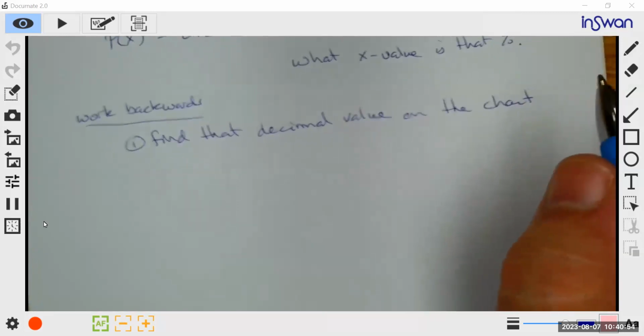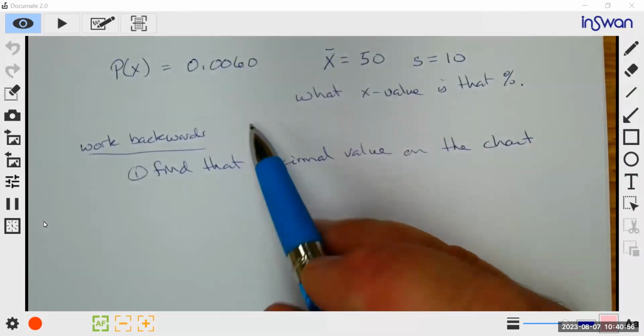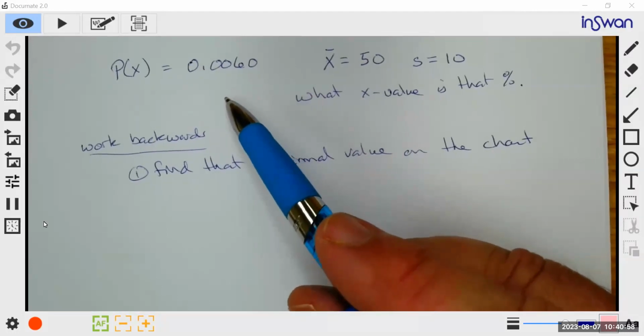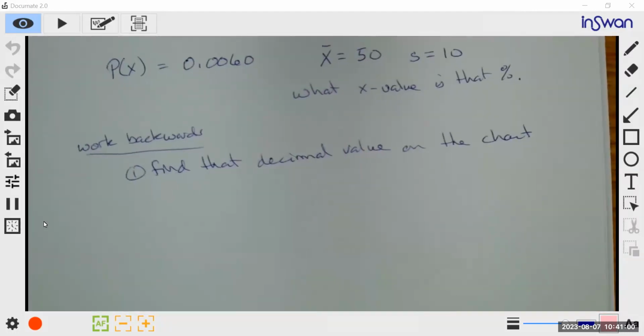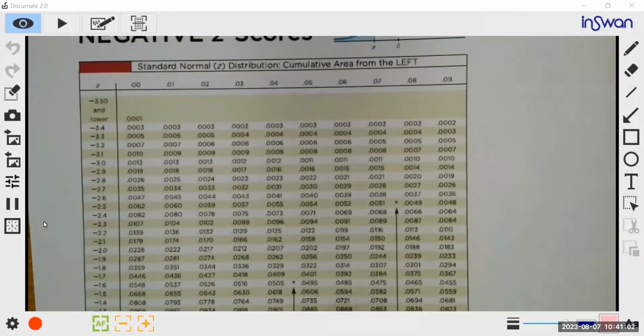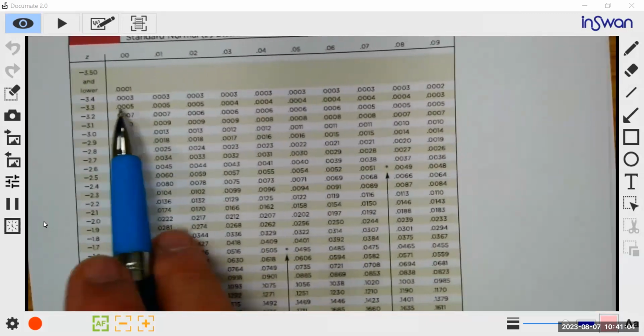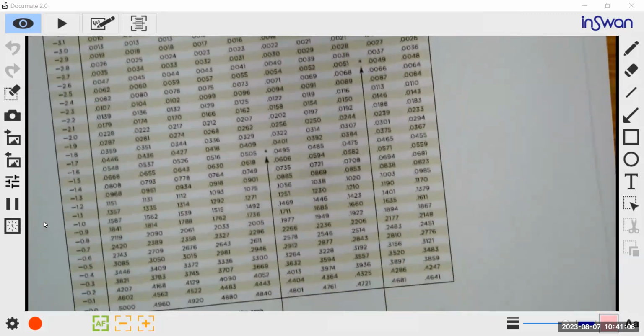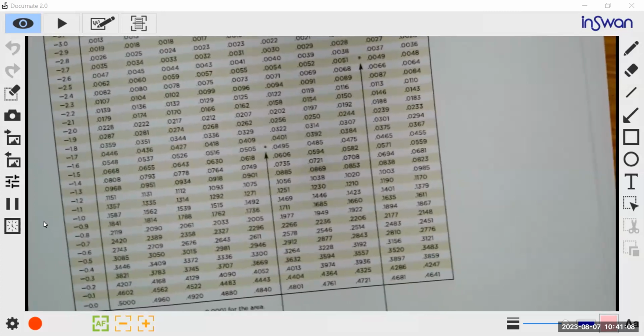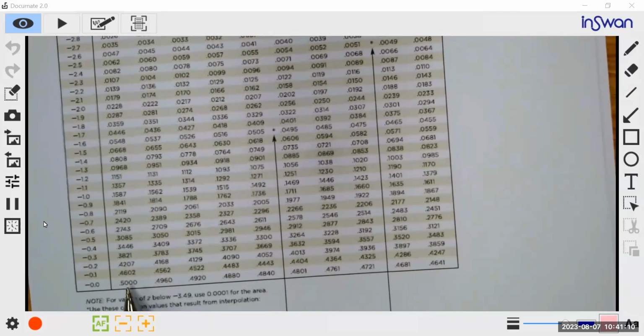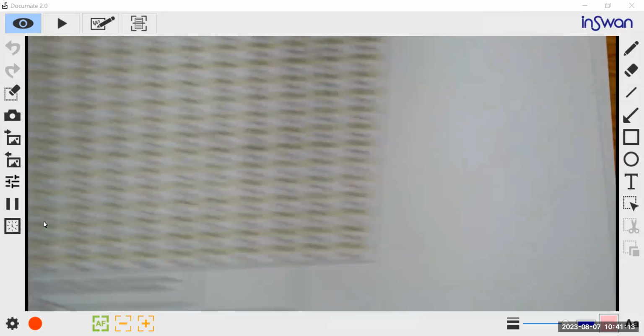How do we know that this number here was on the negative chart? The negatives go pretty much from 0.0000 all the way to 0.5. That's the negative chart.